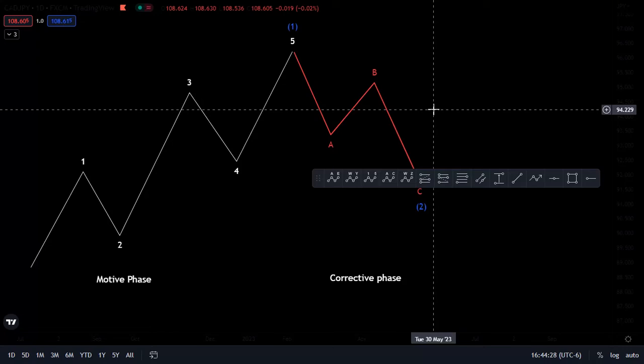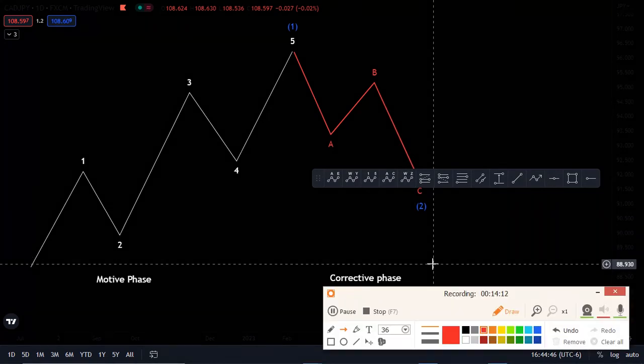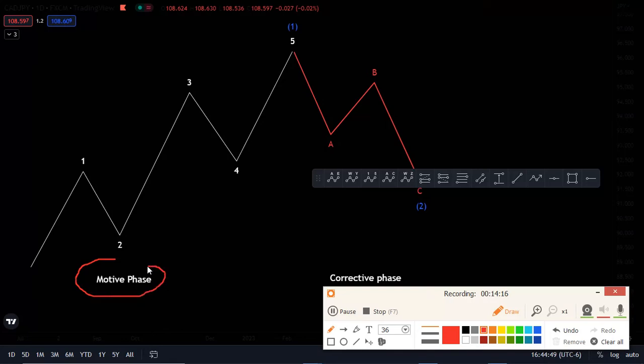So now, this 8-wave structure, which establishes itself as a complete cycle according to Elliott, is made up of 2 distinct phases: the 5-wave motive phase, which I've labeled here, the 5-wave motive phase.